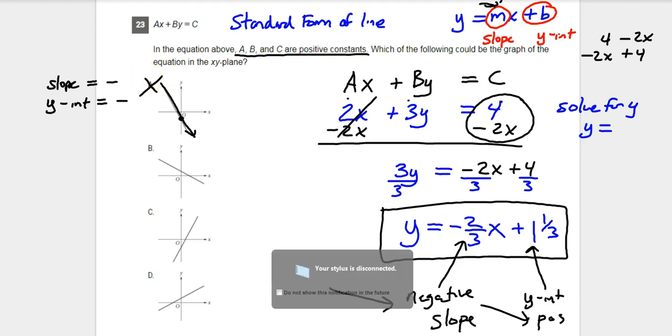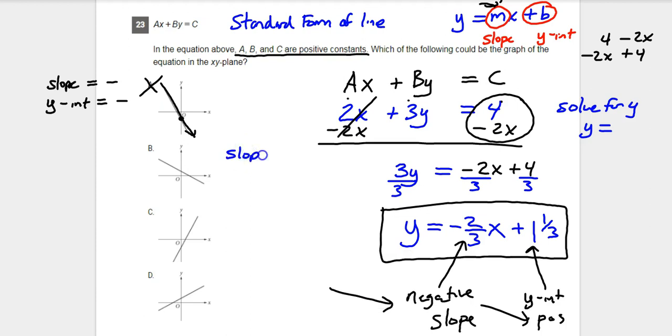B, I think, is going to be our choice, because when I look at B, my pen actually turned off on me. Get this back on. So I think B is going to be the correct answer, because this one has a slope that is negative and it has a y-intercept that is positive. It crosses in positive territory, decreasing from left to right.